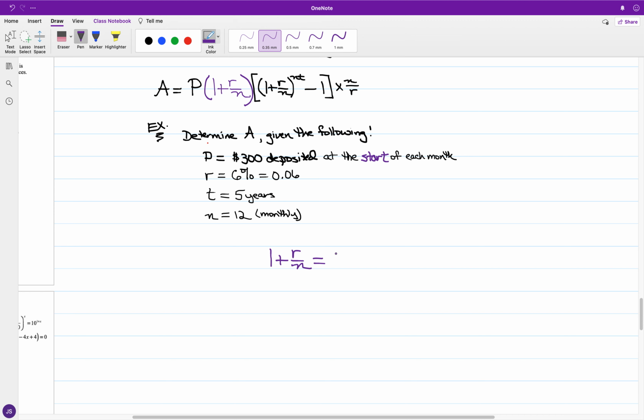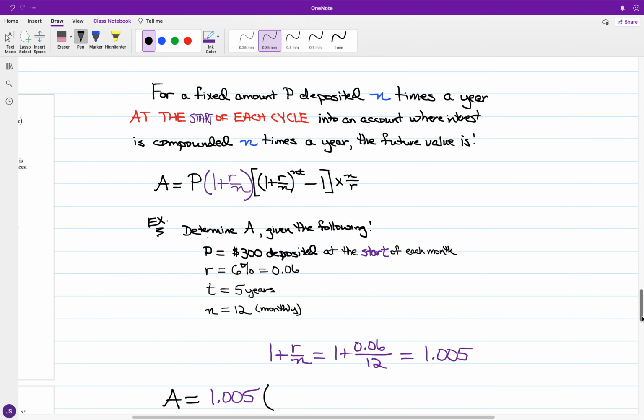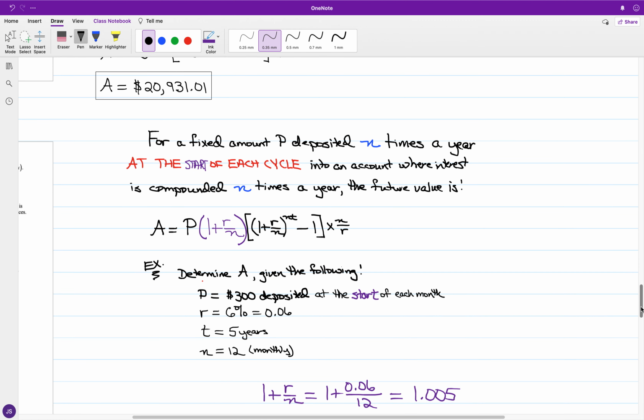So you have 1 plus R, with R at 0.06, and N is going to be 12. And so we have 1.005. For this particular future value, that's going to be times everything else with P, the bracketed statement, and N over R, which we had just determined at $20,931.01.